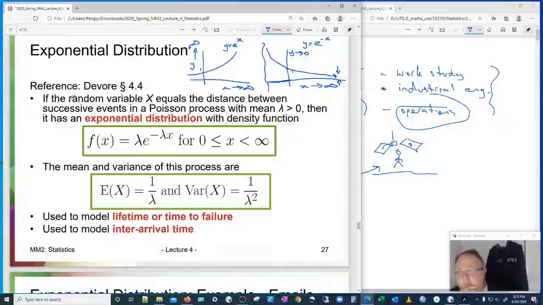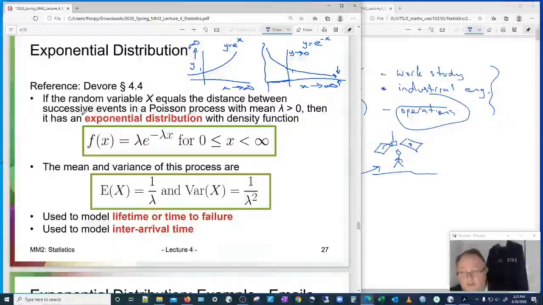Now, this particular function: if a random variable x equals the distance between successive events in a Poisson process with a positive mean of lambda, then it has an exponential distribution.